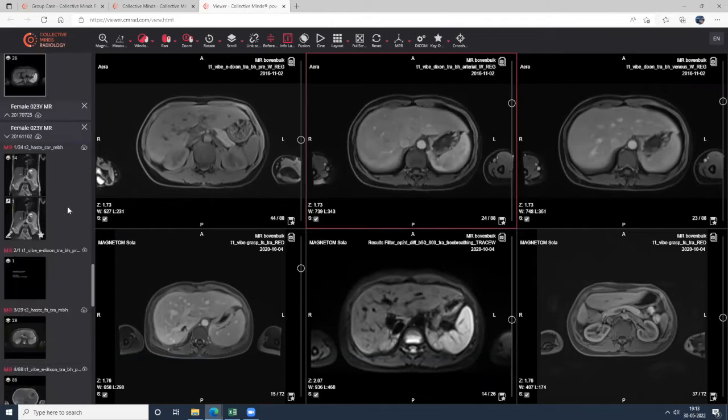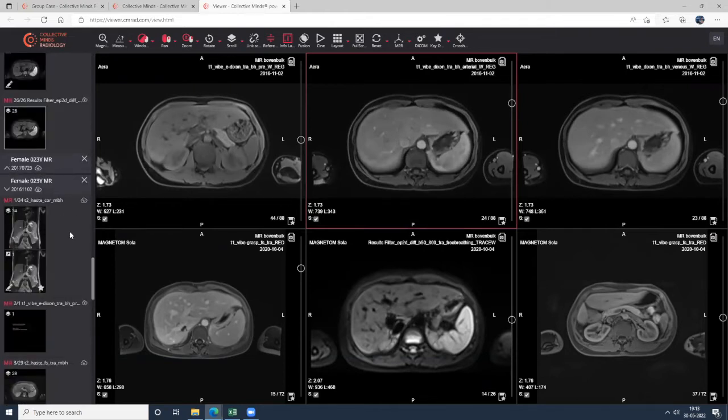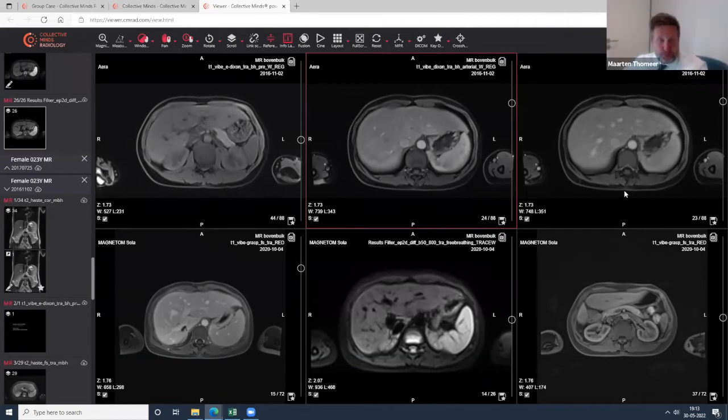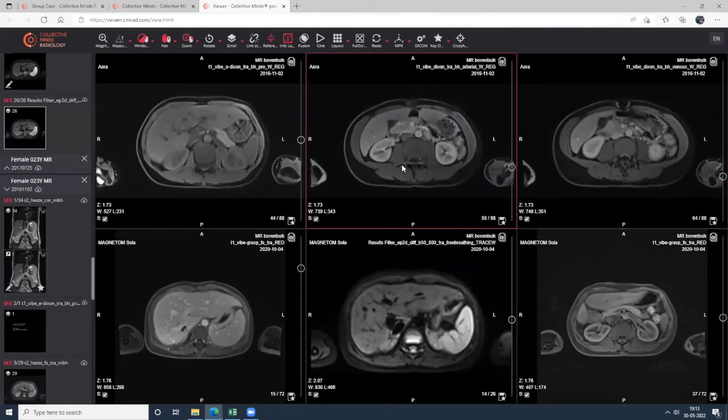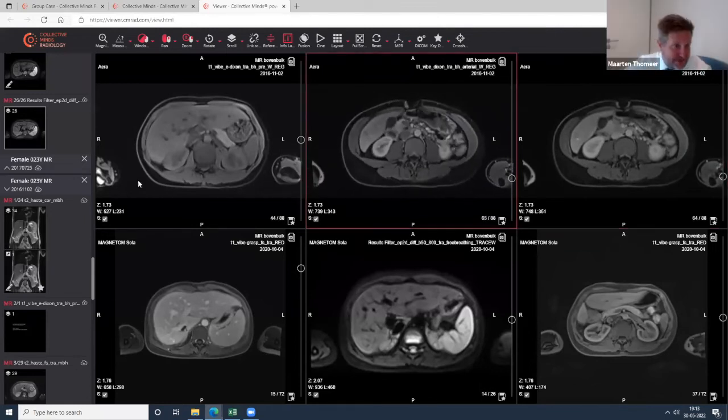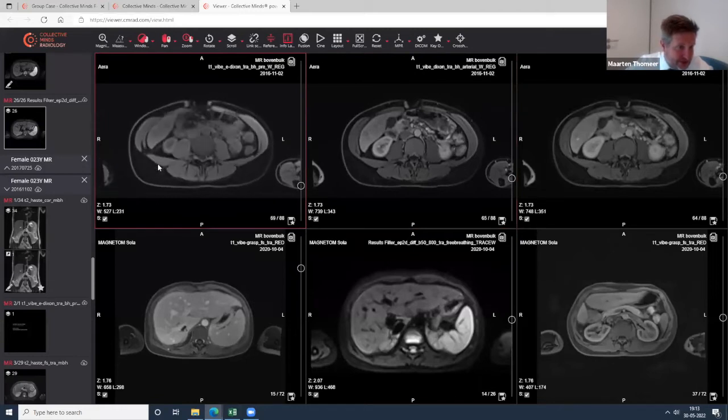Actually, we have two different time points here. You are looking now at the first time point, Maarten? 2016, yes. In 2016, on the liver MRI of this patient, we noticed a small lesion in segment 6. This one, yeah. If I look at this lesion, it's a kind of targetoid lesion.